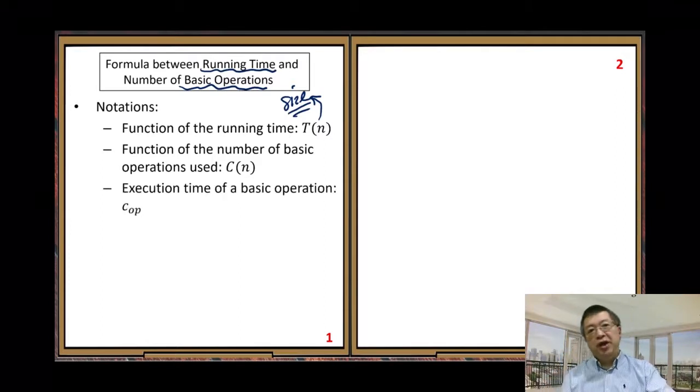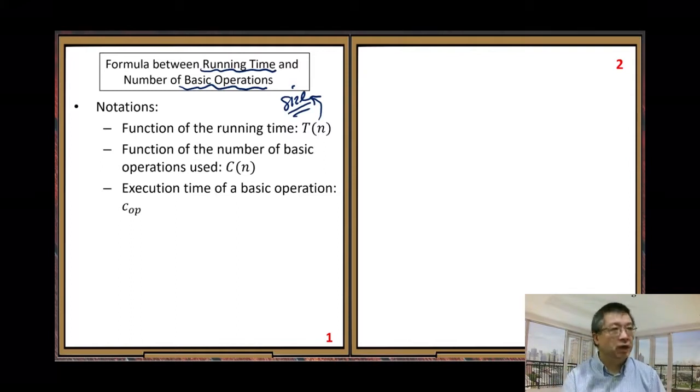We make an assumption here about the execution time of a basic operation. For each individual machine, each basic operation takes a certain amount of time. We call that number c sub op, little c sub op. So that is a constant with respect to that particular machine.